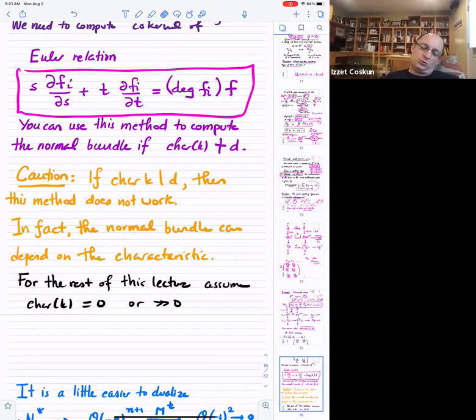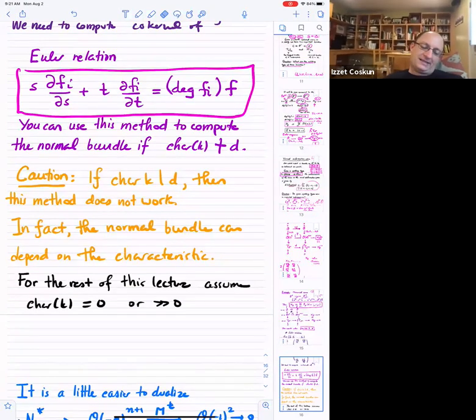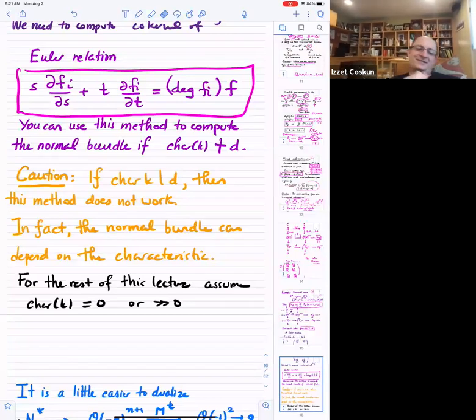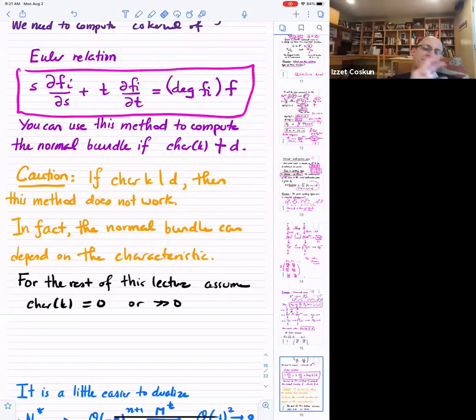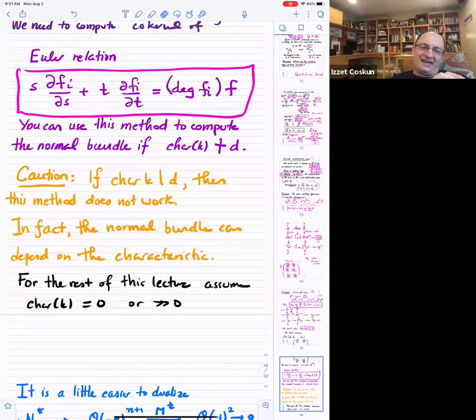You can't just use this method; you have to work a little bit harder. We will talk about positive characteristic next lecture, but for this lecture, let's pretend that our characteristic is 0, we're over the complex numbers, or our characteristic is sufficiently large that it doesn't give a headache, okay?